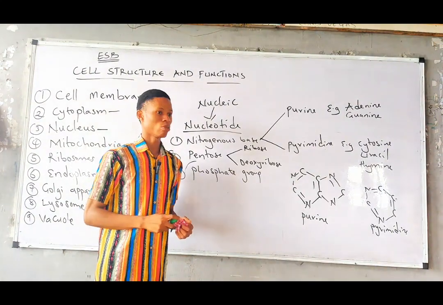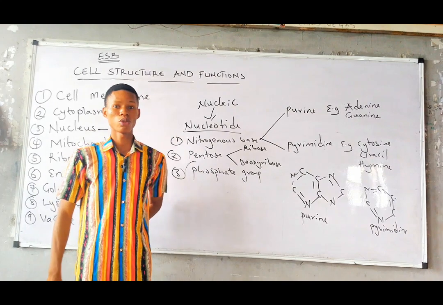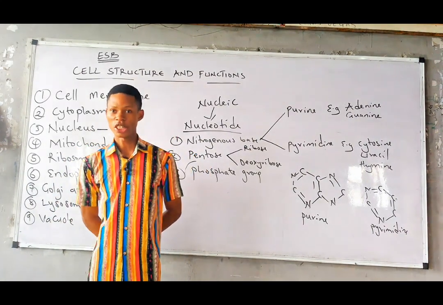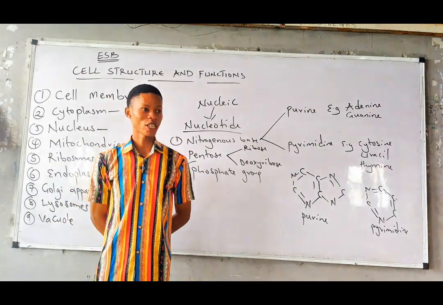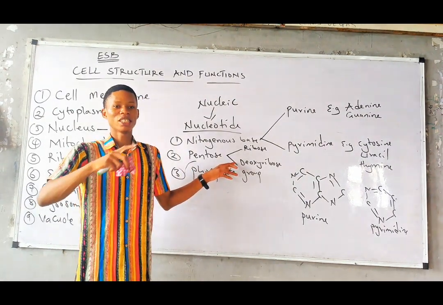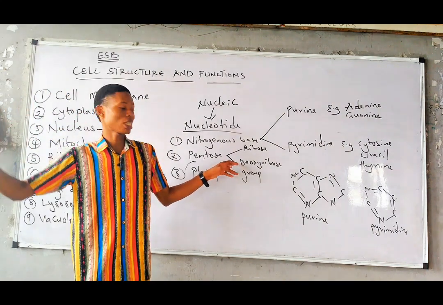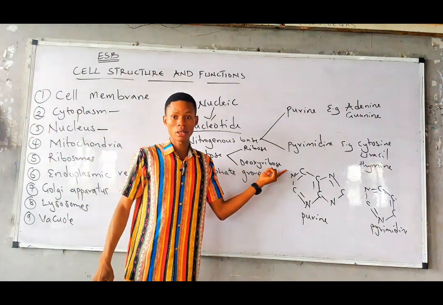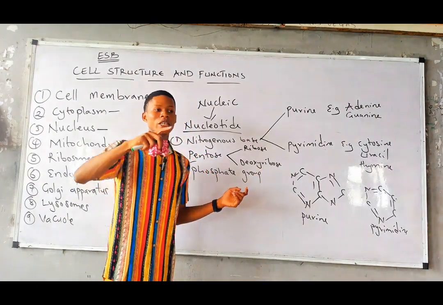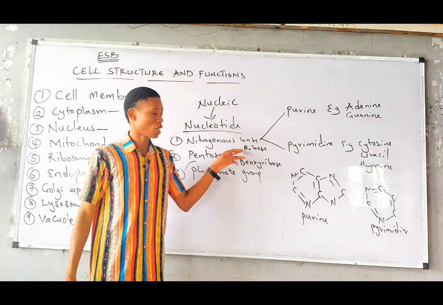Which sugar is found in DNA? Deoxyribose, right? You call DNA deoxyribonucleic acid, nucleic acid containing deoxyribose sugar. You call RNA ribonucleic acid, meaning nucleic acid containing ribose sugar.